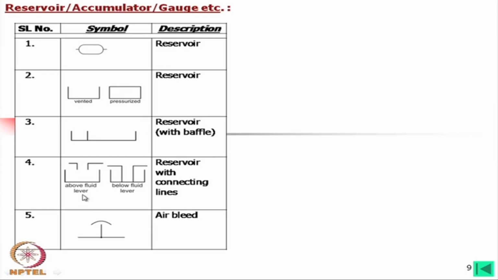Now, this is a reservoir with connecting lines. The connecting lines are there above fluid level. Sometimes the connections are above fluid level, and if you show this below fluid level, not lever, this should be level.